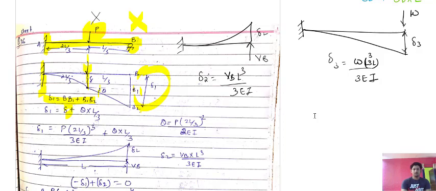Okay, now you can check the standard result also. Now, the deflection at B due to the reaction at B: ultimately, there is a support there, so the deflection will be 0 at that support. So now you have to apply the compatibility equation. The compatibility equation says that one deflection is going downward, one is upward, and ultimately there is a support there, so the deflection will be 0.